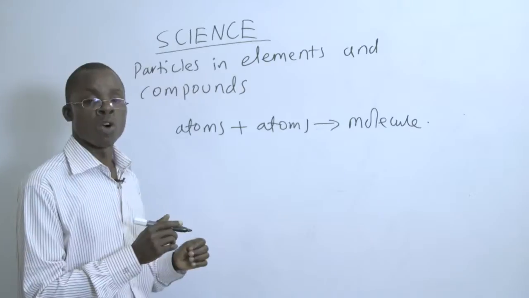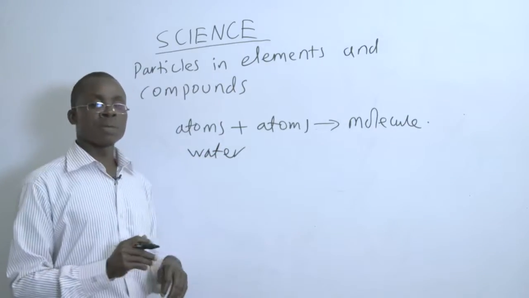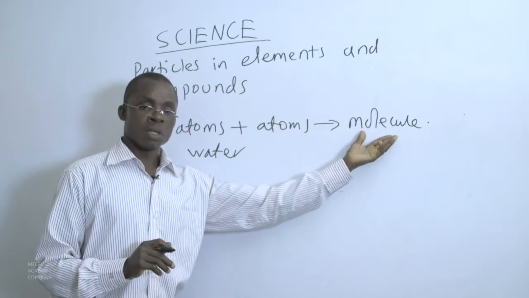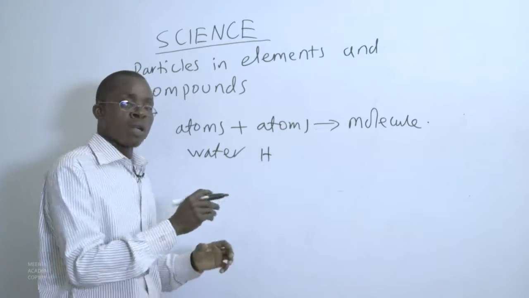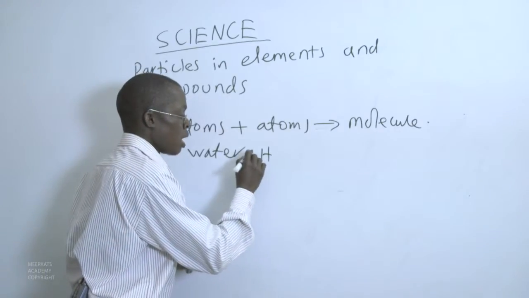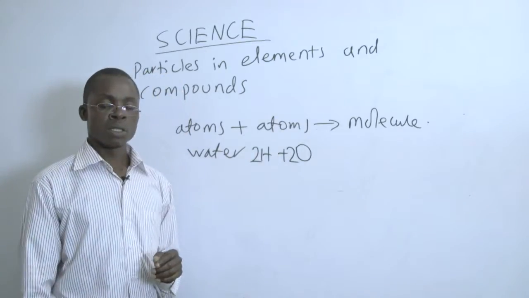For example, water. When you look at water, water is a substance. But this water is made up of molecules, and the molecules are made up of atoms that were chemically combined. The atoms were hydrogen atoms plus oxygen atoms.